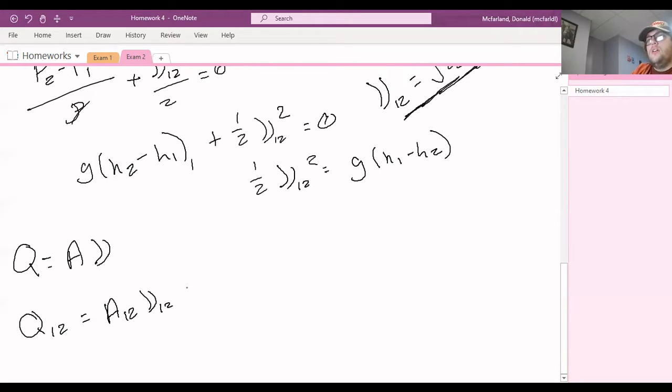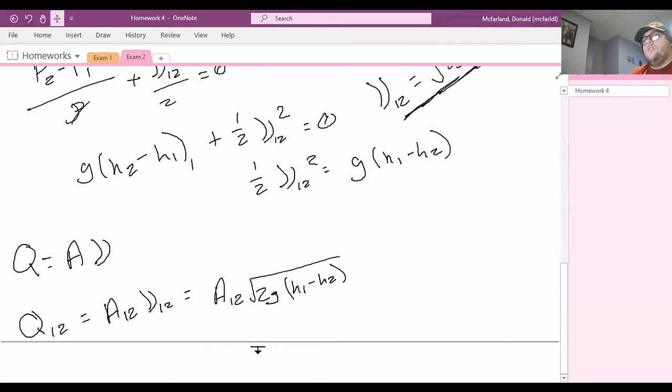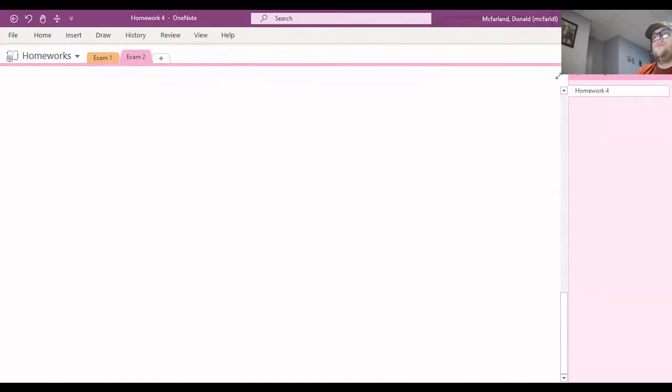Plug in our equation for V12, square root of 2G times H1 minus H2. So now we have our flow rate for Q12, or the pipe of 1,2. Now we just need to do the same thing for our second pipe.